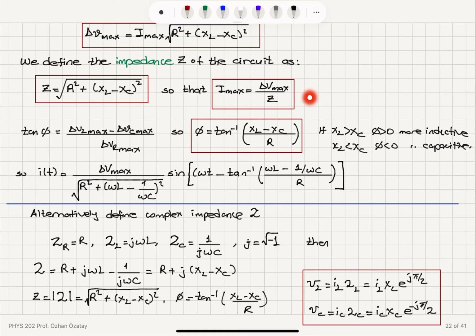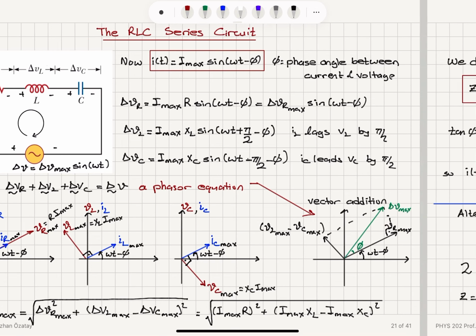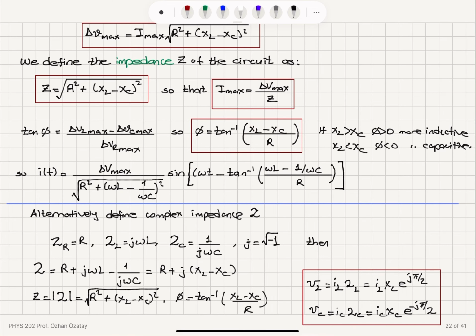Maximum current is delta V max over Z, the impedance of the circuit, and the phase phi can be read from this right triangle as tangent inverse of XL minus XC over R. Positive phase, more inductive; negative phase, more capacitive. And an alternative method, we can define R, j omega L, and 1 over j omega C as the complex impedances.